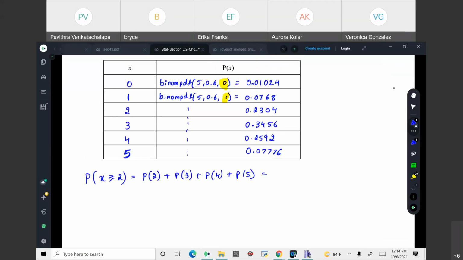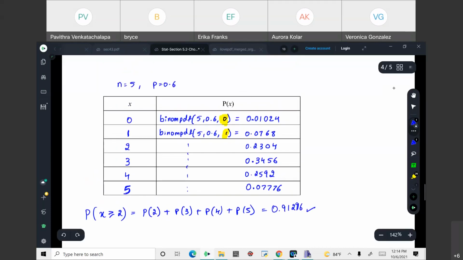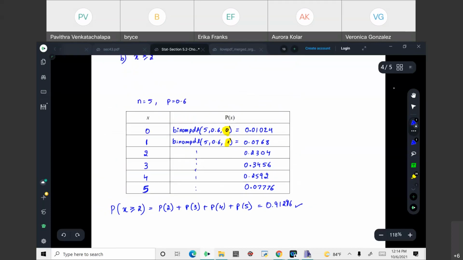You just have to add the probabilities. 0.91296. Okay. So this is how you find the probabilities for at least 2.